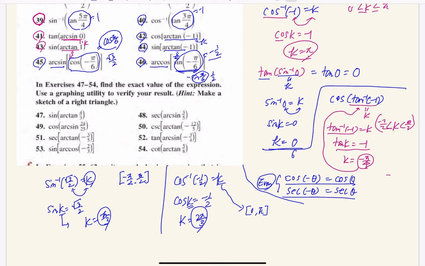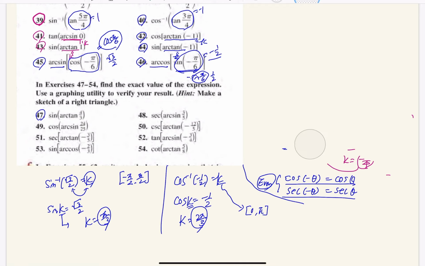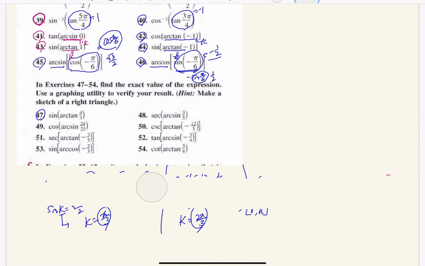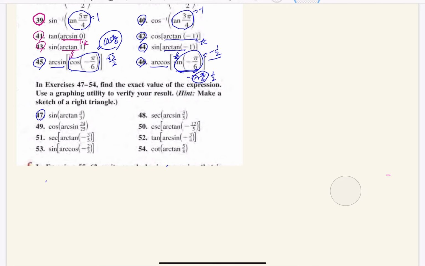All right. Let's try question number 47. Find the exact value of the expression. This is a little bit different kind of question about composition. Number 47, sine of arctangent, which is tangent inverse, 4 over 3.